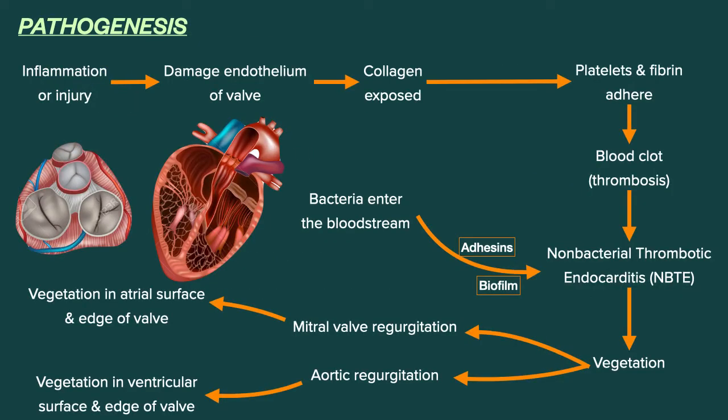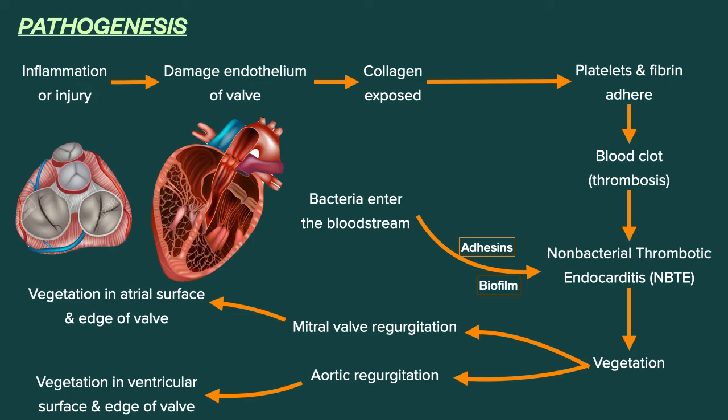Now, the first step that happens in endocarditis is that the endothelial lining of the valve gets damaged. There are a number of ways this can happen, such as a previous inflammation or injury. This damage exposes the underlying collagen and tissue factor, causing platelets and fibrin to adhere, which forms this tiny thrombosis or blood clot.